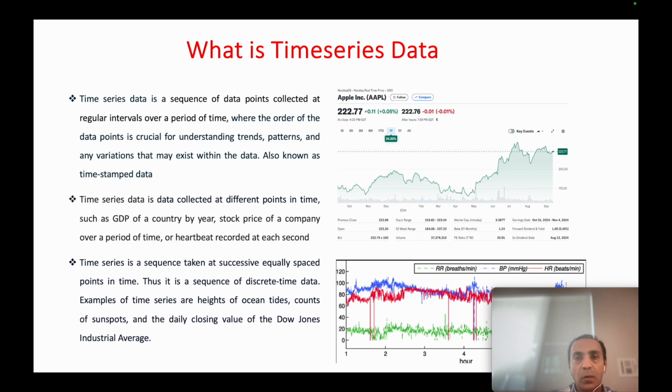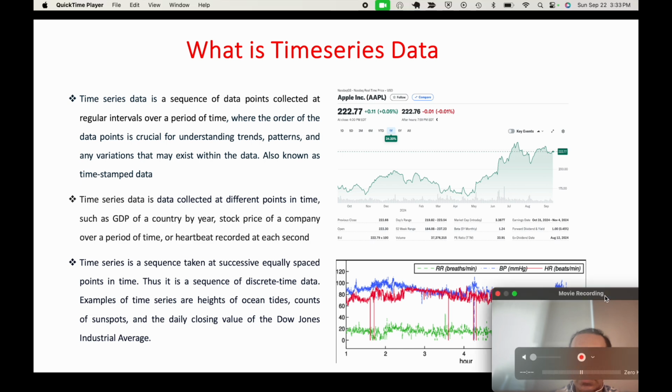All right. So what is time series data? Time series data is a sequence of data points collected at regular intervals over a period of time, where the order of data points is crucial for understanding trends, patterns, and variations that may exist within the data.